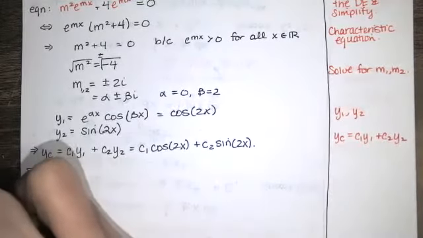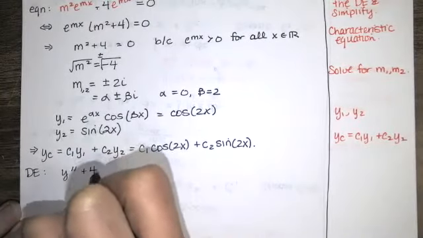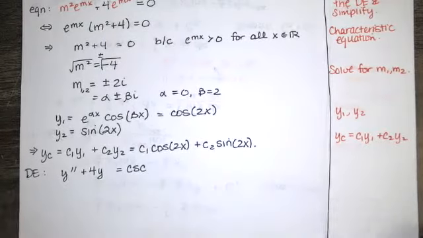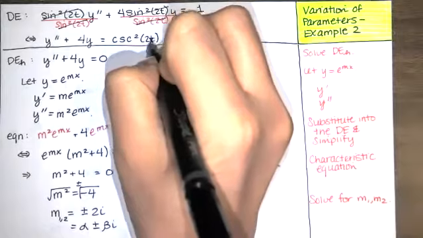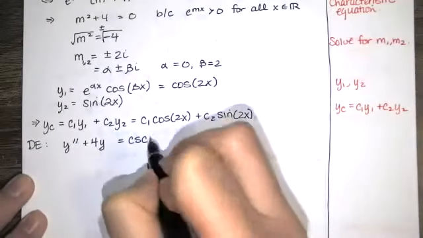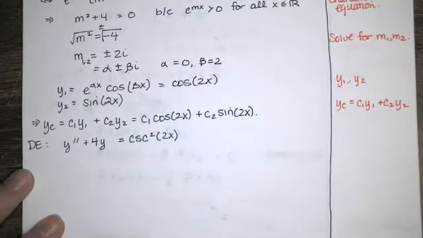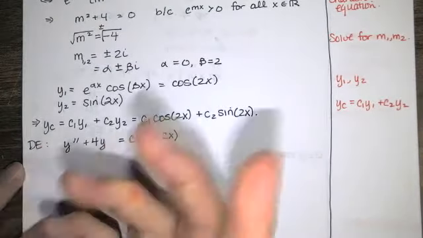Now we want to go back to the differential equation here. Oh, I did it again. The independent variable was supposed to be t, and I made it into an x. Sorry. So I'm going to change it to x now. So the right-hand side is cosecant squared of 2x, and that was what I got after I divided by that sine squared of 2.